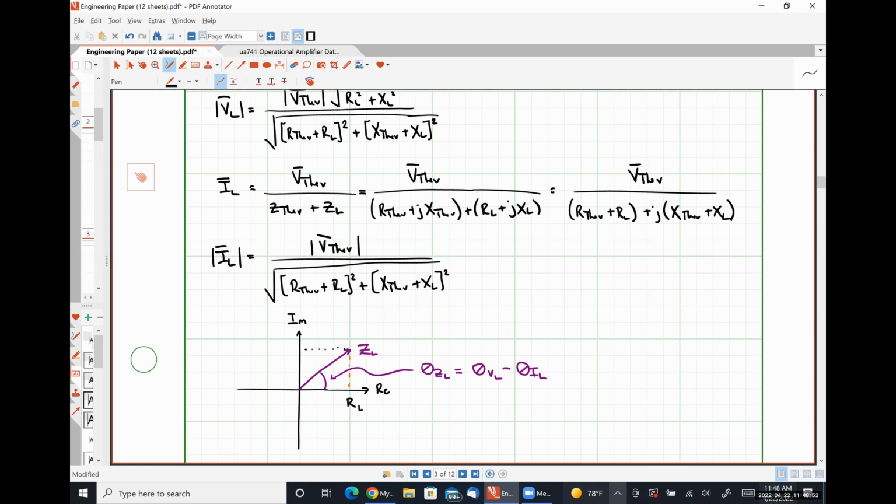The opposite bit here represents the reactance XL. And so cosine of theta VL minus theta IL is just RL, the adjacent, divided by the hypotenuse, which is given by simply the square root of RL squared plus XL squared, using our good old Pythagorean theorem.